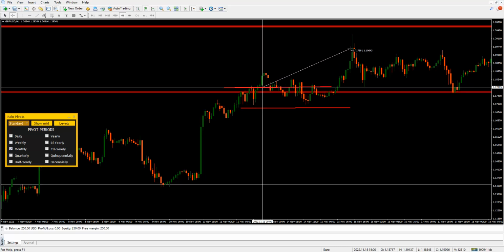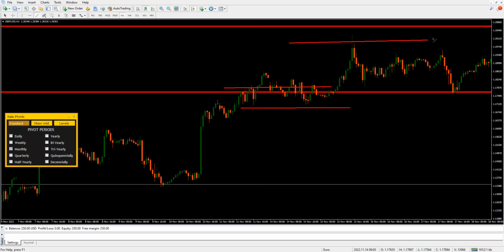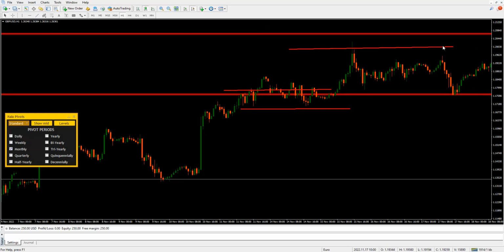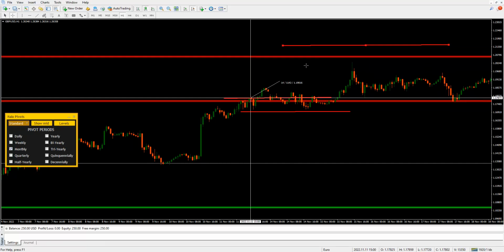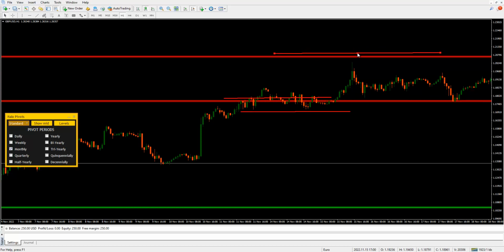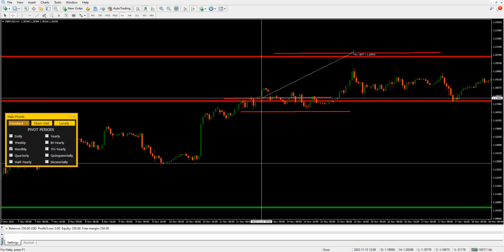I would take 2,000 points as take profit, or not 1 to 2, but 1 to 3 risk-reward ratio. So the take profit on 3,000 will be right here, 3,000 points. So I will risk 1,000 to take 3 times that.